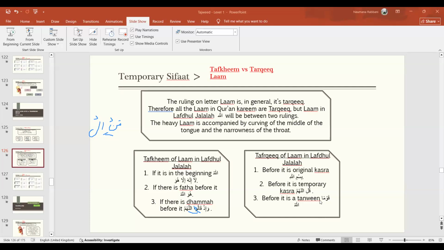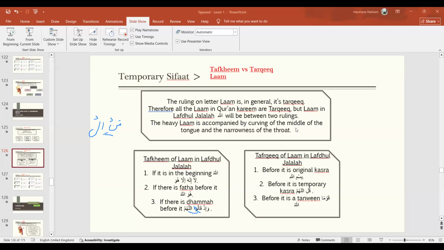For the tanween, when tanween comes and after it there's a sakina, whether in a state of sukun or tashdid, we give the noon a kasra, and that's how we join it.